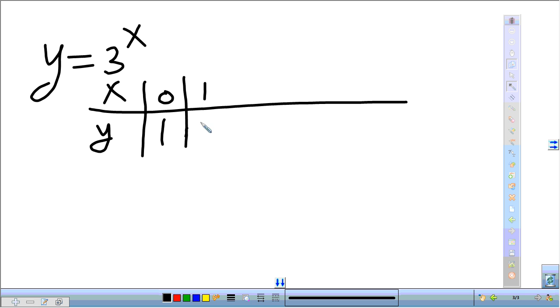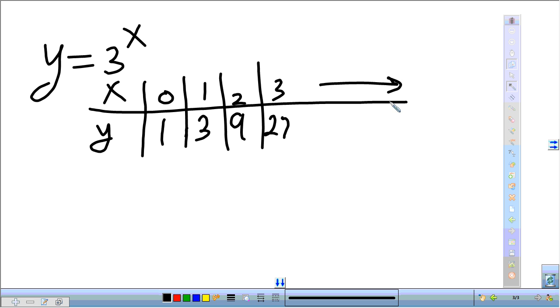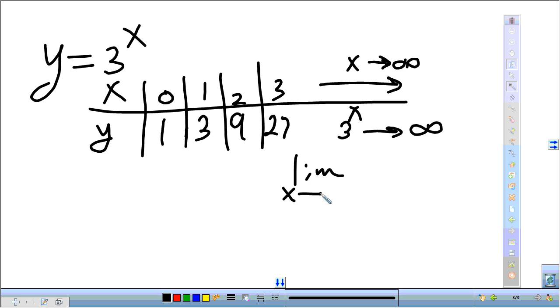At 1, it's 3, at 2, it's 9, at 3, it's 27. So we see that as we allow x to approach infinity, or become larger and larger, we notice that 3 to the x also becomes infinite. Or we have the limit as x approaches positive infinity of 3 to the x is infinity.